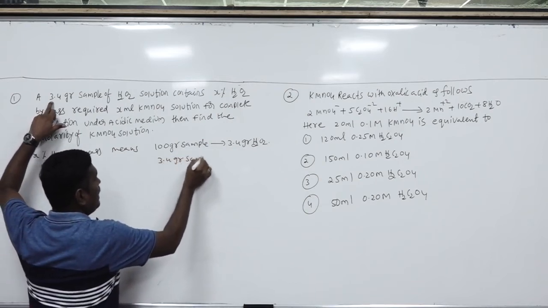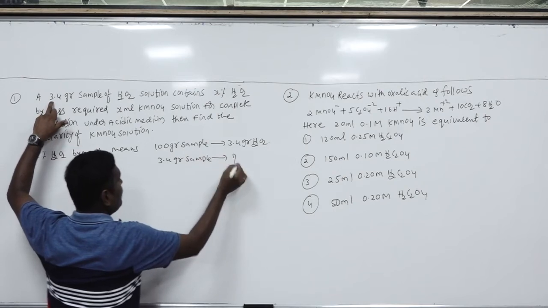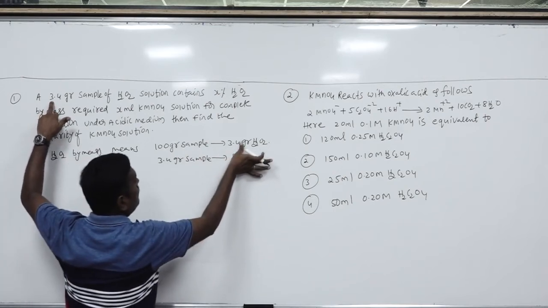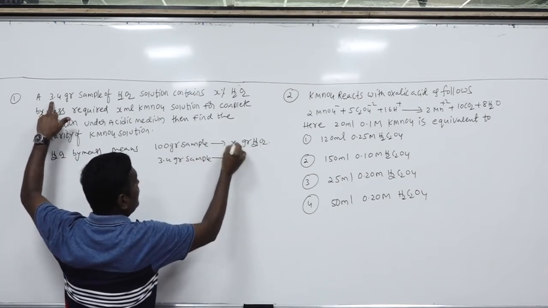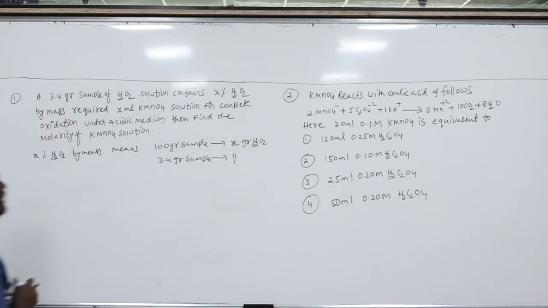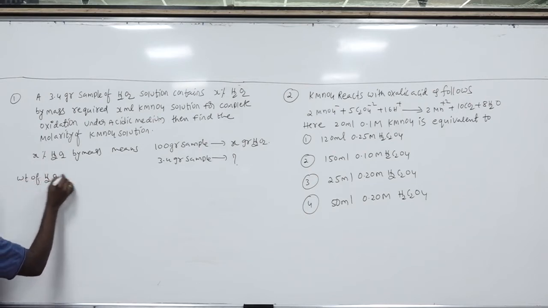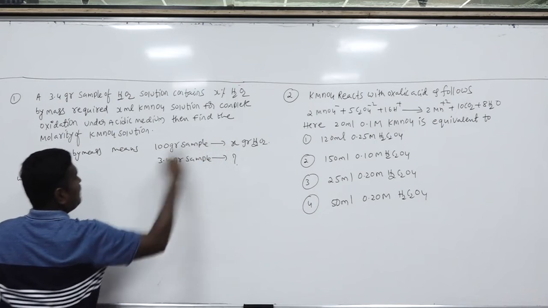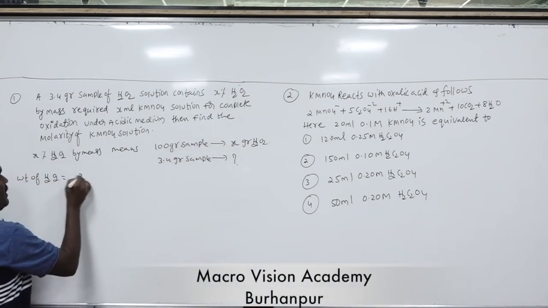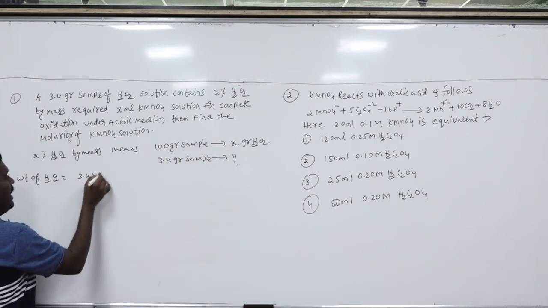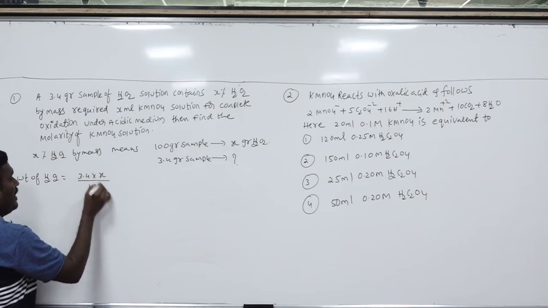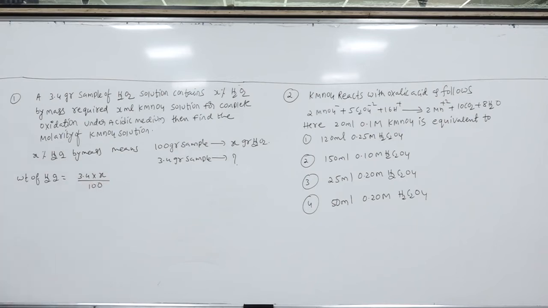In 3.4 grams of sample, how many grams of H2O2? Unitary method. So, what is the weight of hydrogen peroxide? 3.4 into X by 100. So, the weight of H2O2 we got.